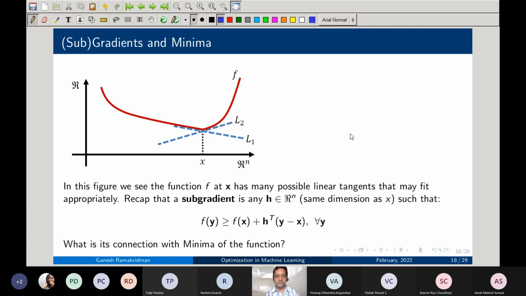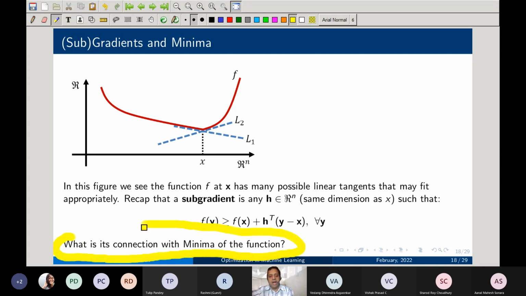So going back to our old figure, we find that the function has many possible linear tangents that may form a lower bound. That's how we define the subgradient, the linear tangent lower bound. So the question is, what is its connection to the minimum or minima of the function?